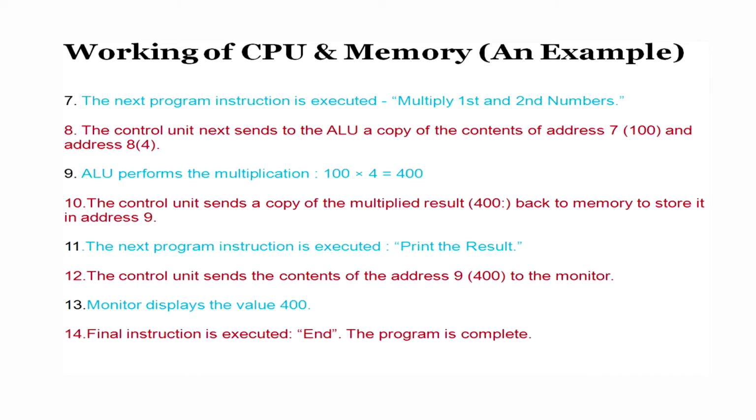And then the next instruction, the final instruction to print the result, is executed. The control unit sends the contents of address 9, where the result 400 was stored, to the monitor, and the monitor displays the value 400. So the final instruction, end, comes up and the program is complete.